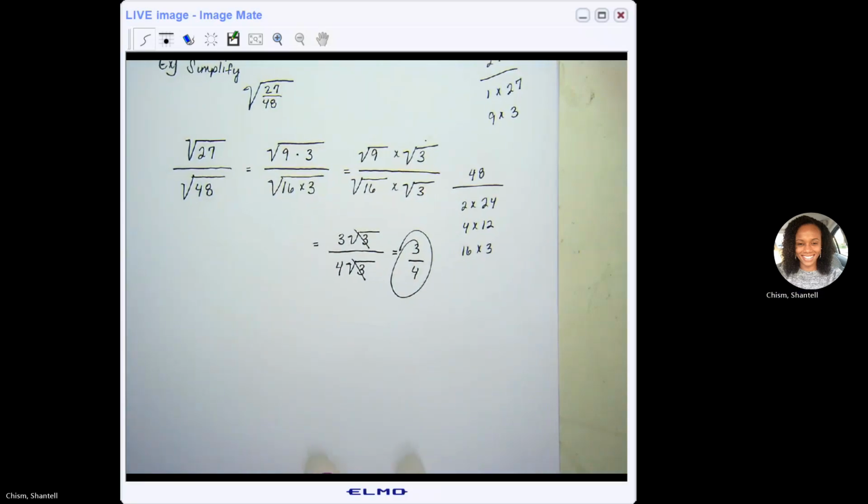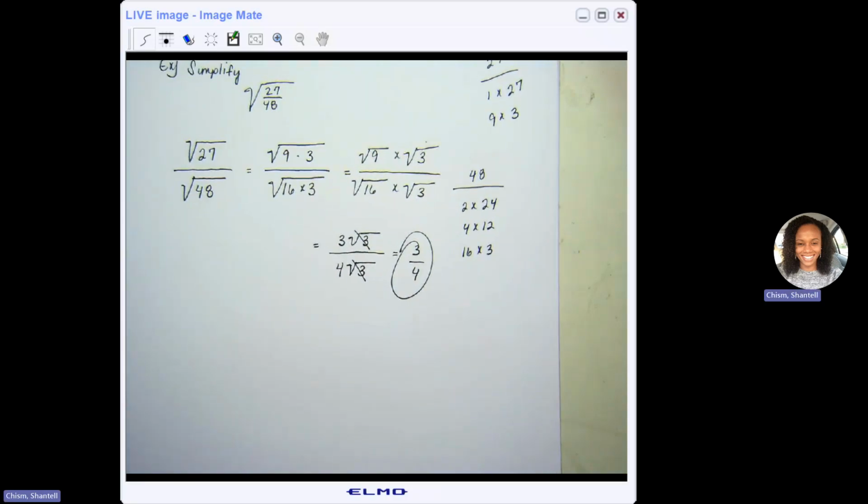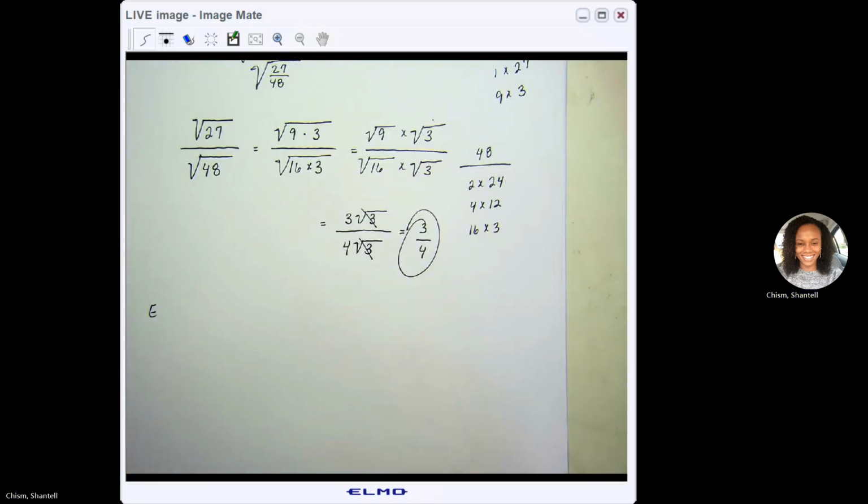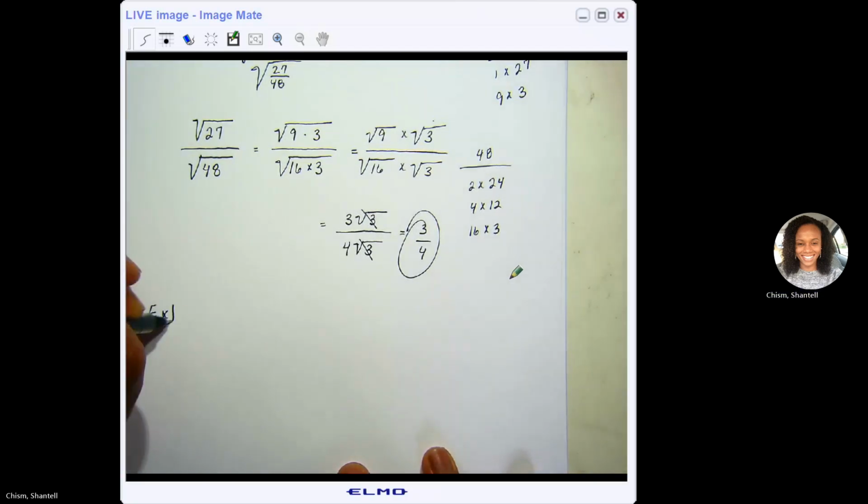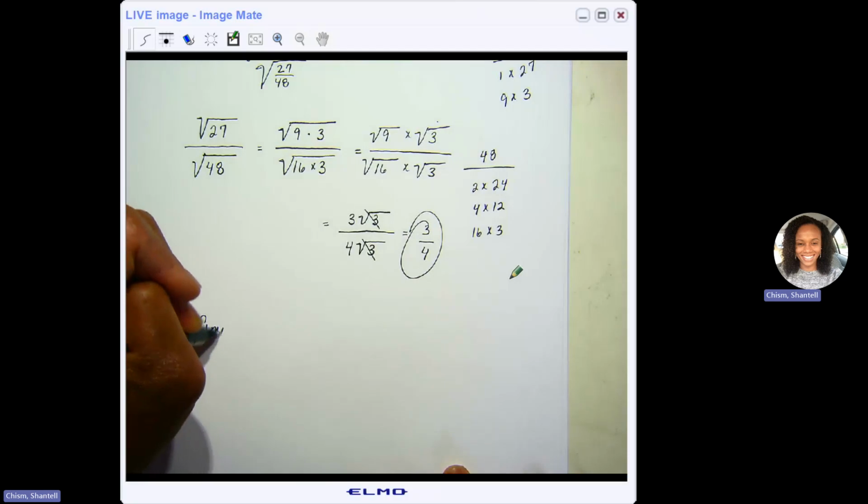Okay? I will get another one of these. I feel like I might need to work on more of these. Let's see if I got another one here. How about, let me try to make one up. Let's see here. It says simplify again.